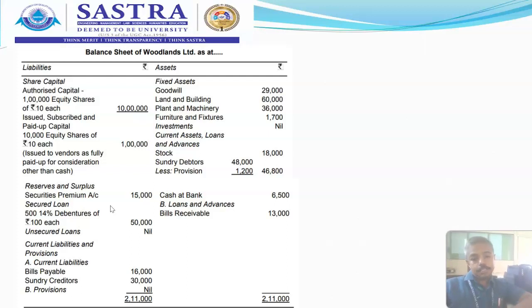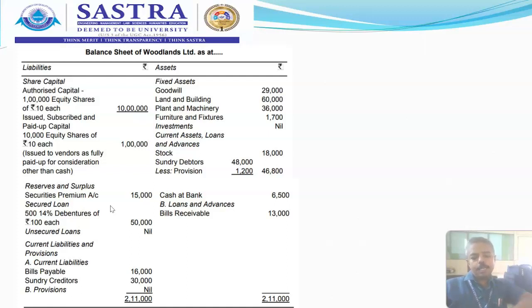Then current assets, loans and advances. Under this, stock and sundry debtors. Stock can be written as it is, but for sundry debtors we need to subtract the provision for bad debts. In earlier assets, the appreciation or depreciation we did not show in the balance sheet. But here, for the debtors alone, we need to show the provision for bad debts. The reason is that there is a ledger account and it has to be maintained separately.